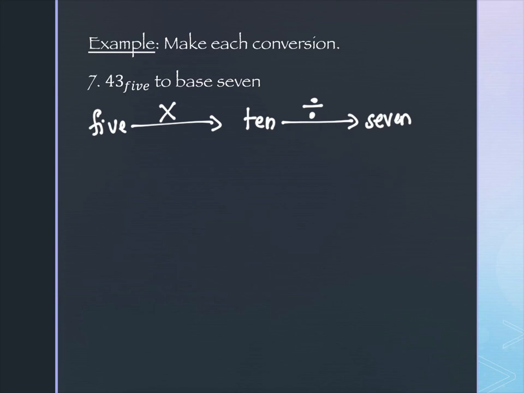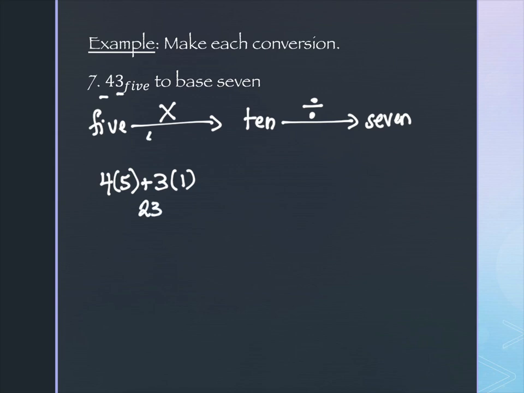Okay, so we're turning our 4, 3 that's in base 5 into base 10 first. So these are in powers of 5. So this is 3 times 1 and 4 times 5 because we're in base 5. What is 4 times 5 plus 3 times 1? 23.